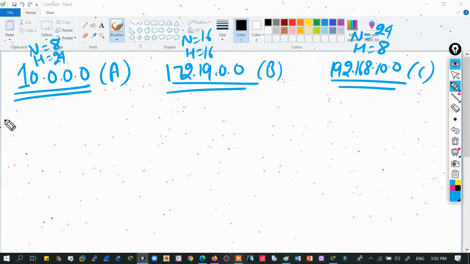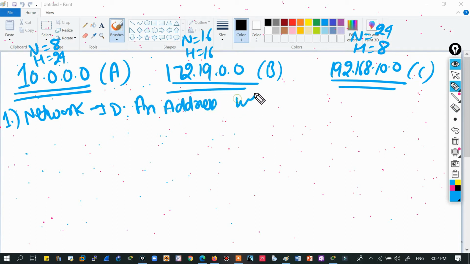So just see this definition of network ID. Network ID means an address where all host parts are 0.